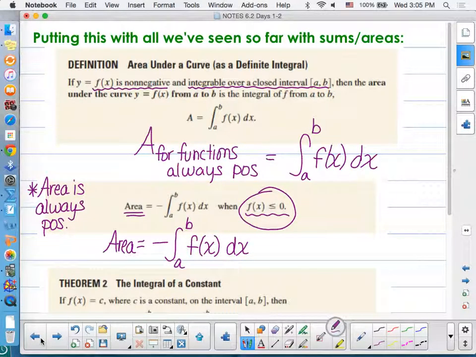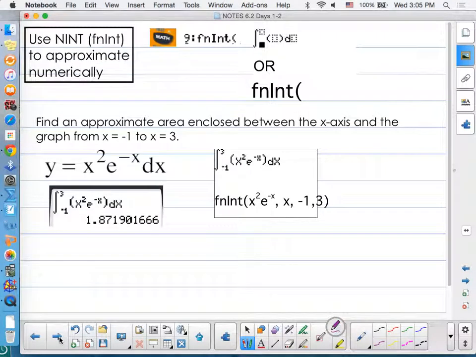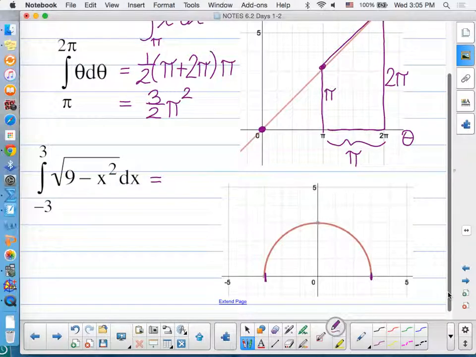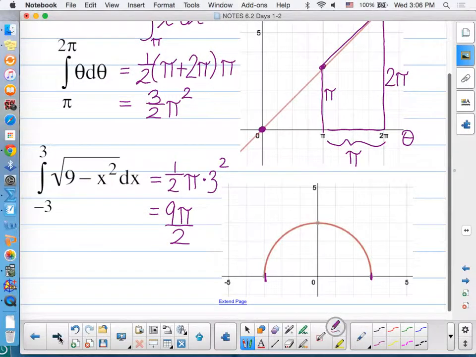The rule is for a function that's completely non-negative, the integral can be found by finding the area between the curve and the x-axis. So area for my semicircle here then, it's going to be 1/2 pi. My radius here is 3. So 9 pi over 2 is my integral's value.